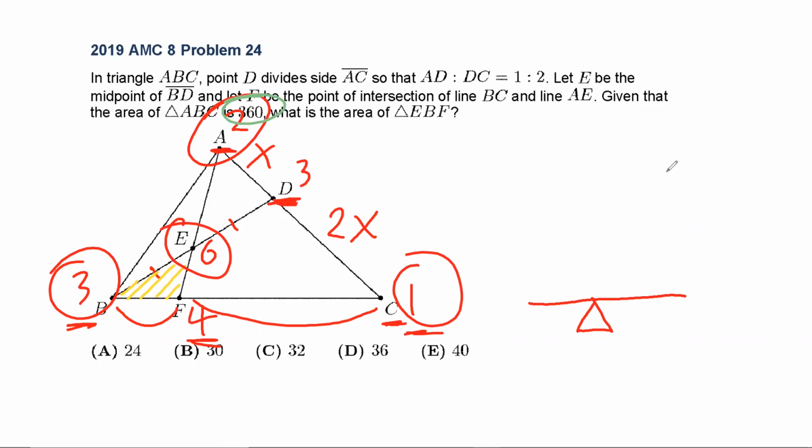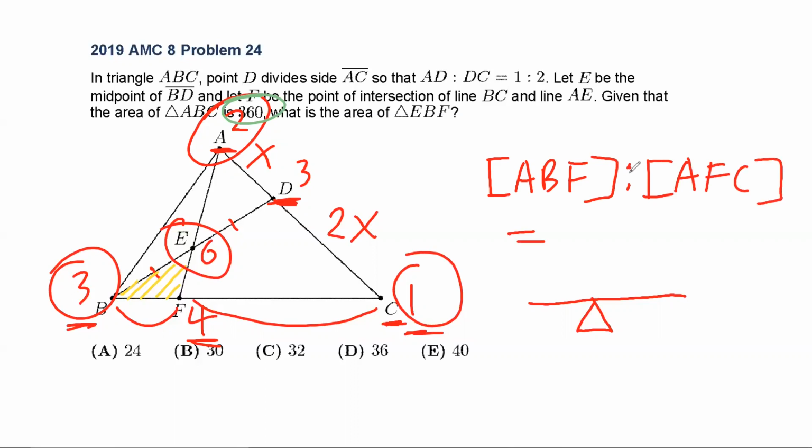If we split 360 into 4 parts, then we get 90 each, which means that the area of triangle ABF to the area of triangle AFC is equal to 1 to 3, right? Because their base lengths are 1 to 3, and they have the exact same height.